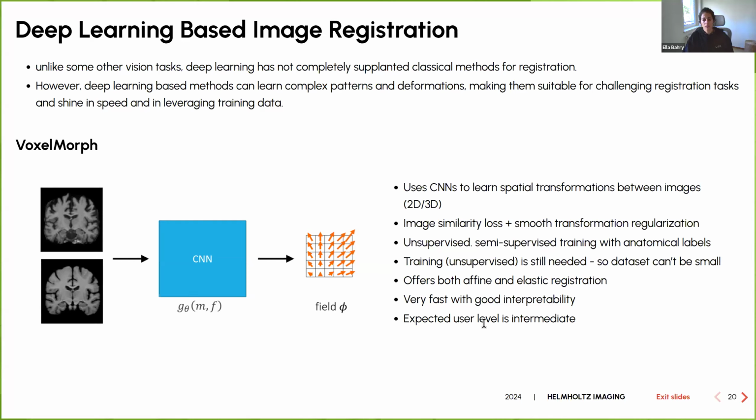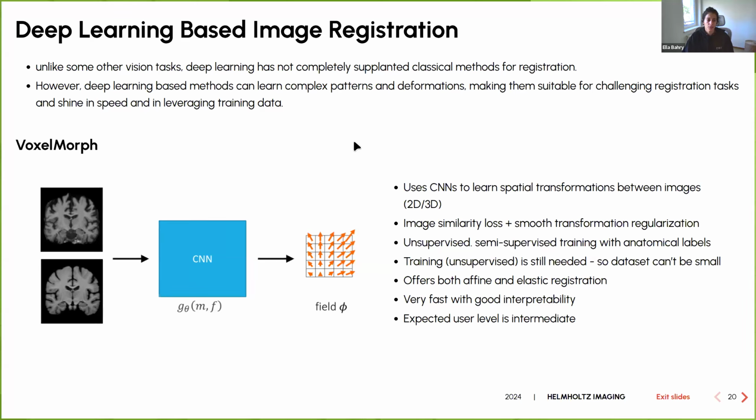And the user level is kind of intermediate. You're expected to know Python and be able to understand a little bit how to use even PyTorch or TensorFlow, or at least how to install them. Those are deep learning libraries.